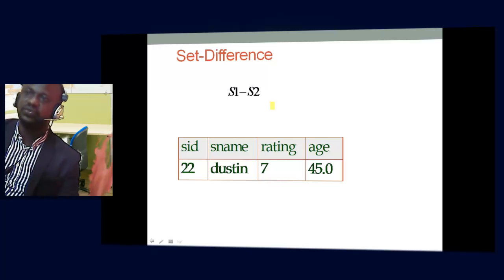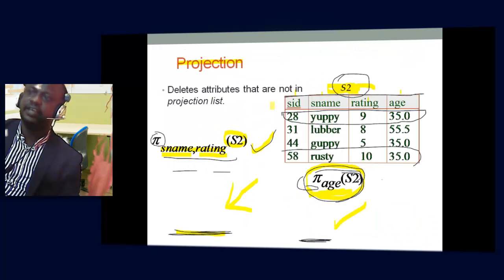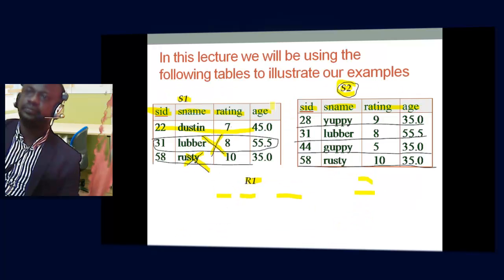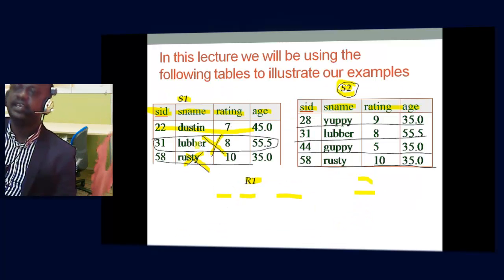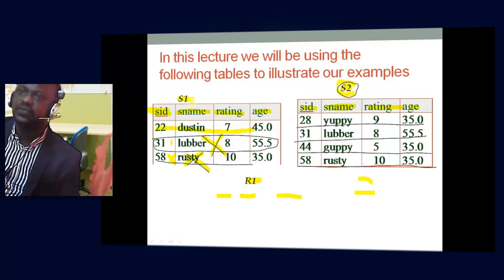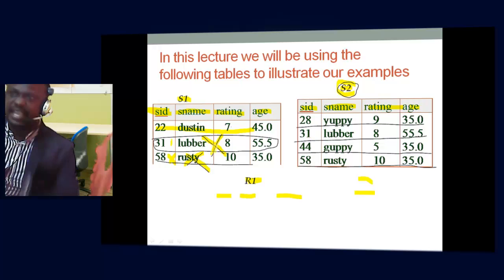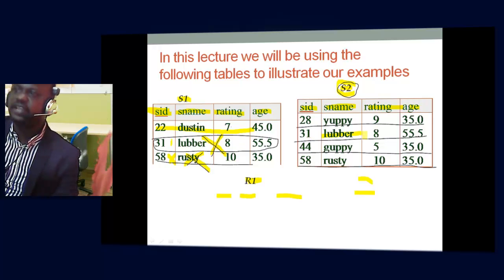Let's go back to our table and see our two relations and see whether everything is okay. As you can see from here, this one and this one are common. So the record left in S1 will be 22-745. In the same way, if the question was S2 minus S1, you pick the intersection, that is 31 Laba and 58 Rusty here, then the remaining records in S2 will be the result.